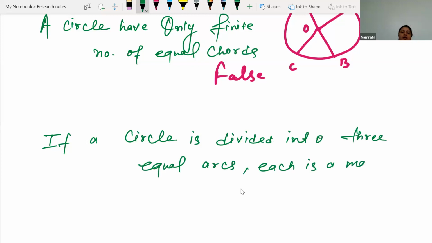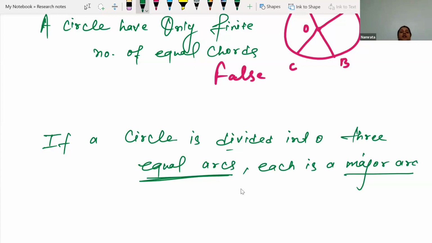When we are talking about major arc and minor arc, major segment, minor sector, one is bigger, another is smaller. Here, we are dividing it in three, and whenever we are talking about equal things, nothing is major or minor. Major means larger, minor means smaller.